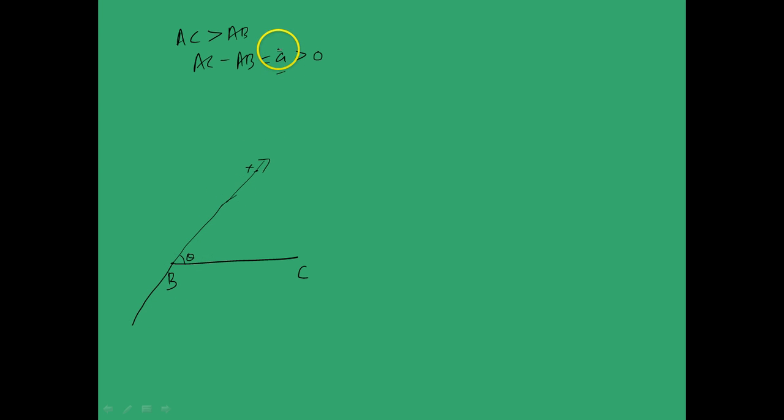So with the compass with radius a and center B, cut on the other side of the ray. Let's call this point X, and BX is equal to small a.